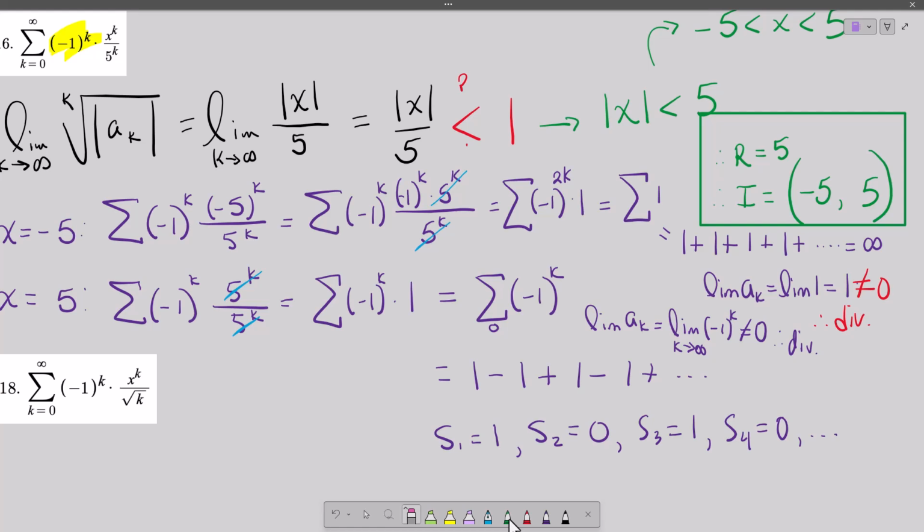Okay. So now when you look at this thing, if this was a numeric series, if there was no x to the k, it would be an alternating series that converges or diverges. If we had negative 1 to the k, making it alternating, and just a 5 to the k in the denominator, would it converge or diverge?